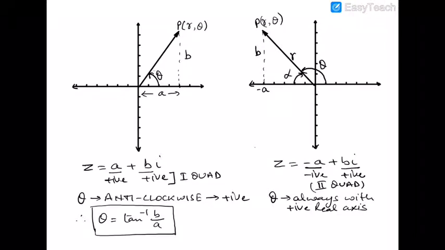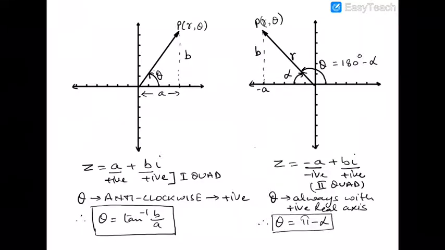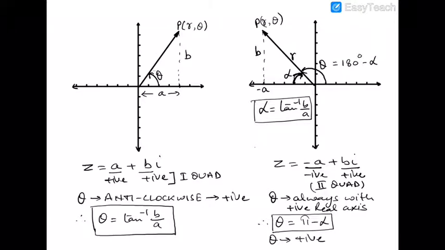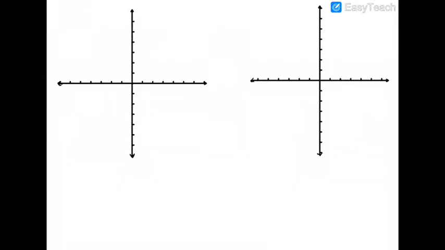Then we can find the value of alpha and subtract it from 180 degrees or pi to get theta. So theta will be 180 degrees minus alpha. And alpha will be tan inverse b over a, and we will subtract it from 180 degrees to get theta, and theta will be positive here because it's in the anti-clockwise direction.